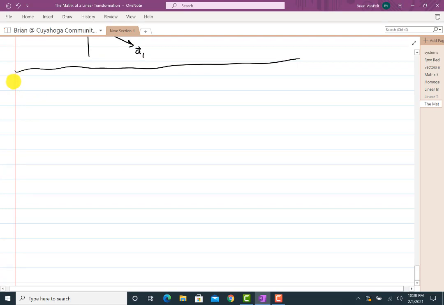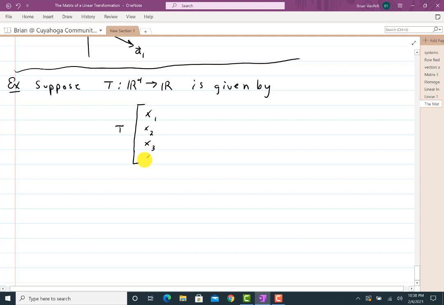Another example. Suppose T from R4 into just R is given by T of (x1, x2, x3, x4) equals 2x1 plus 3x2 minus 4x4.